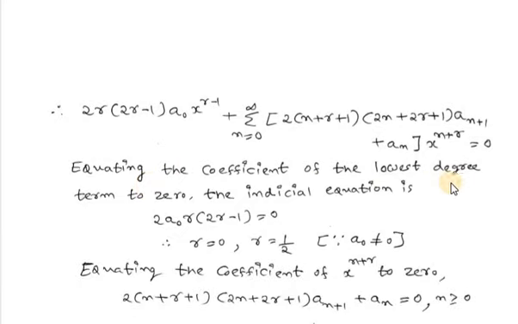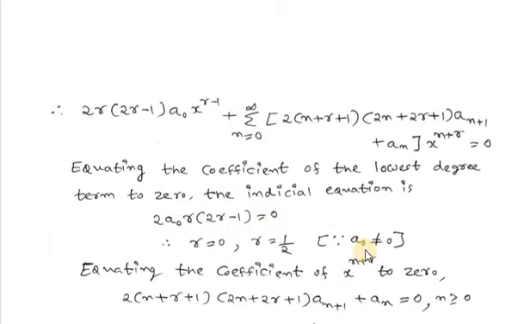Now we will equate the coefficient of the lowest degree term to 0, and that will give us an initial equation. The lowest degree term is x raised to r minus 1, and its coefficient is this one. So we equate this coefficient to 0. We have 2 into a0 into r into bracket 2r minus 1 equals 0.